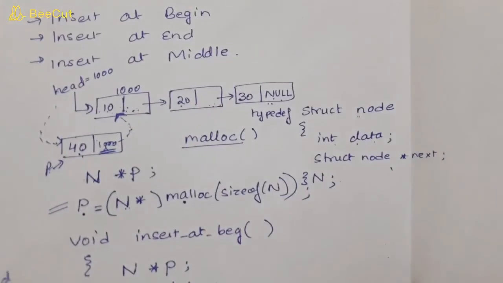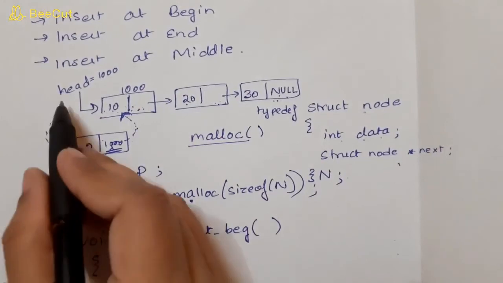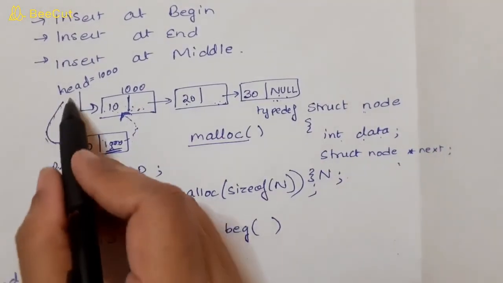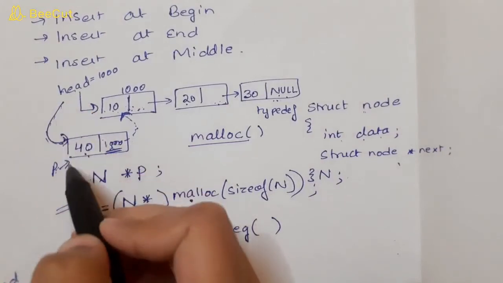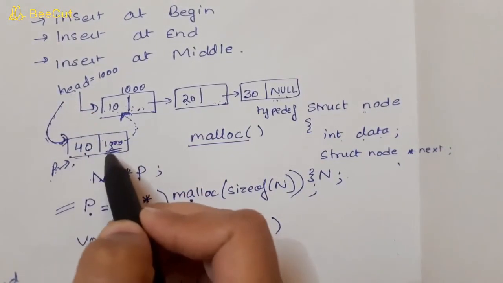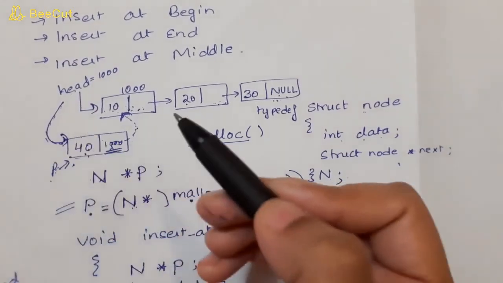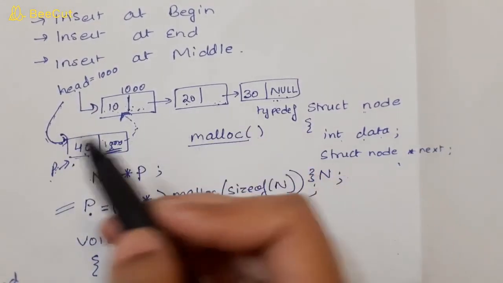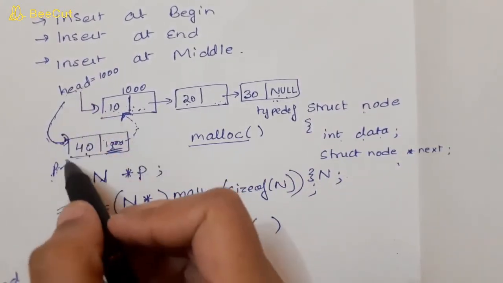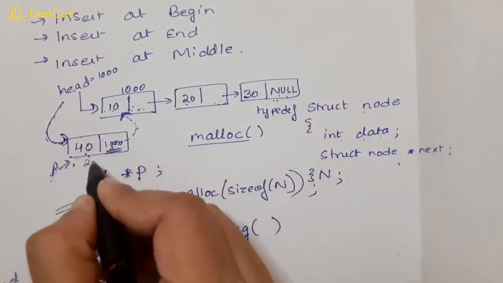And the second thing, you can see that here we need to create this link also. So to create this link, we can write head equals to p. When you use pointers, you use addresses. So we can directly write head equals to p. Suppose this particular p node is stored at 2000.